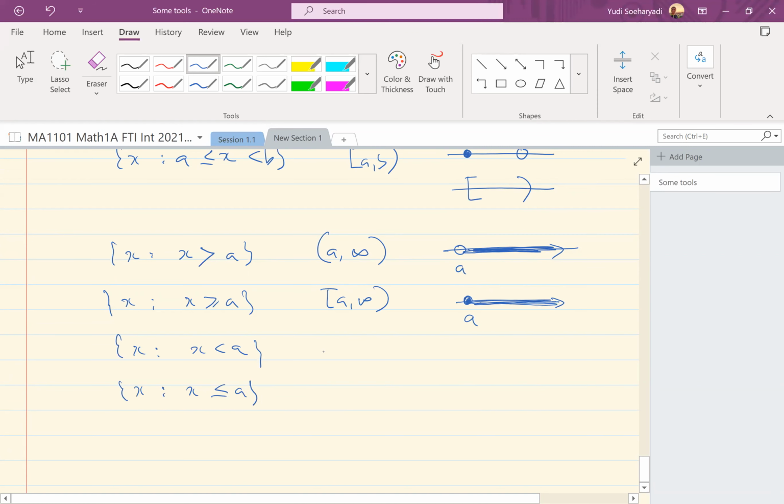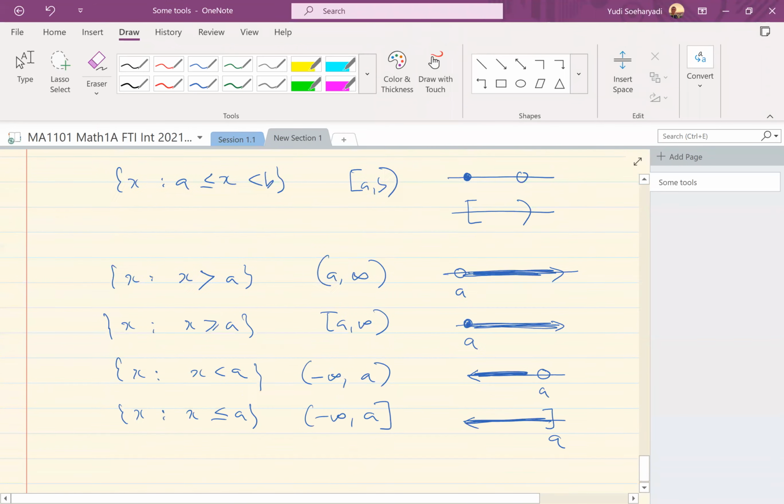All right, so negative infinity to A. Okay, here you have, sorry, this is not a solid dot. Okay, so this is the interval notations.